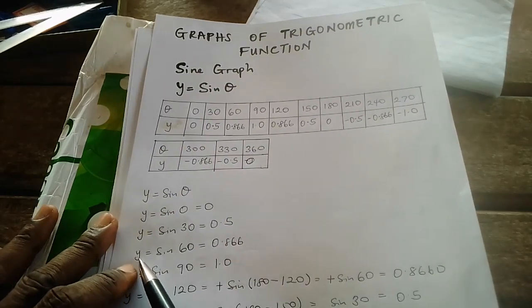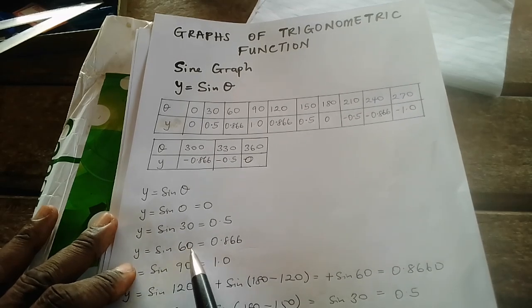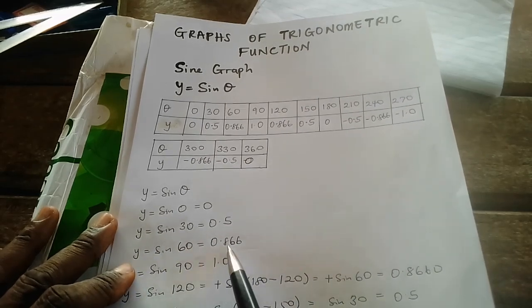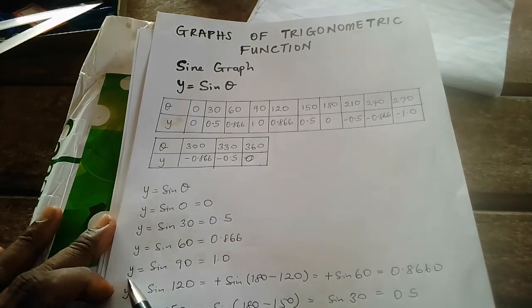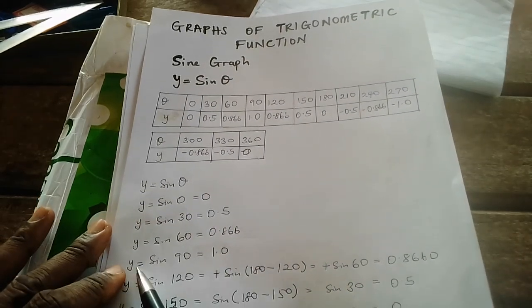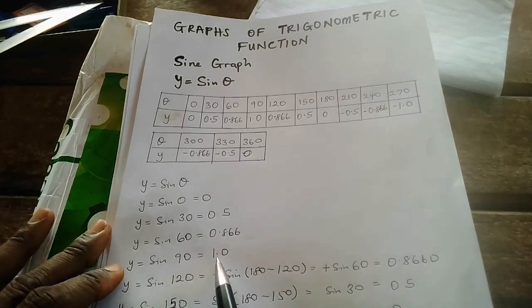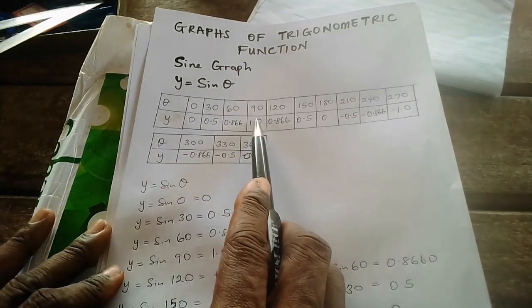When theta is 60, sine 60 is 0.866. When theta is 90, sine 90 will give us 1.0.